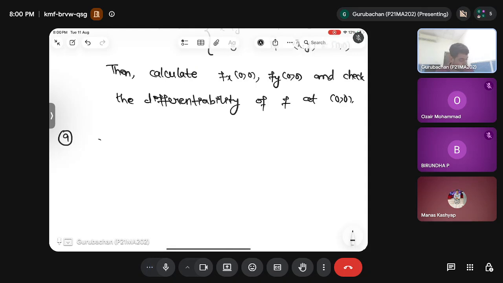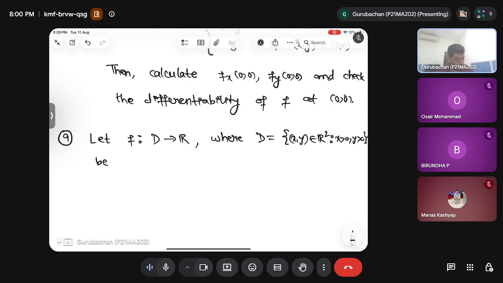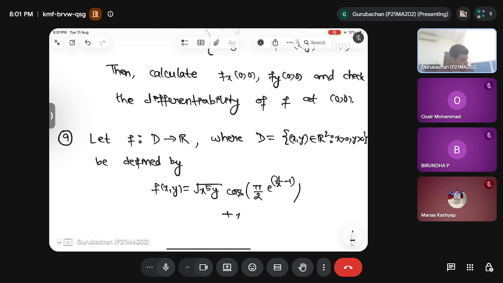I missed it. So let f be a function from D to R, where D is equal to the set of (x, y) from R squared such that x is positive and y is positive, defined by f(x, y) as cos of pi by 2 e to the power pi by x minus 1 plus x square y sine pi by 3 e to the power x by y minus 1.